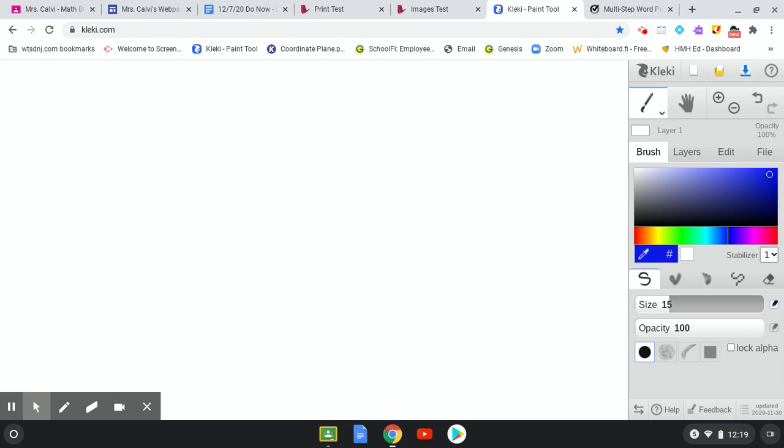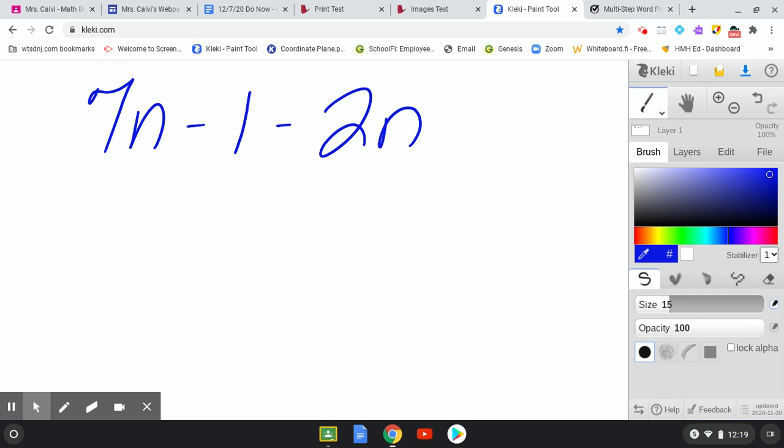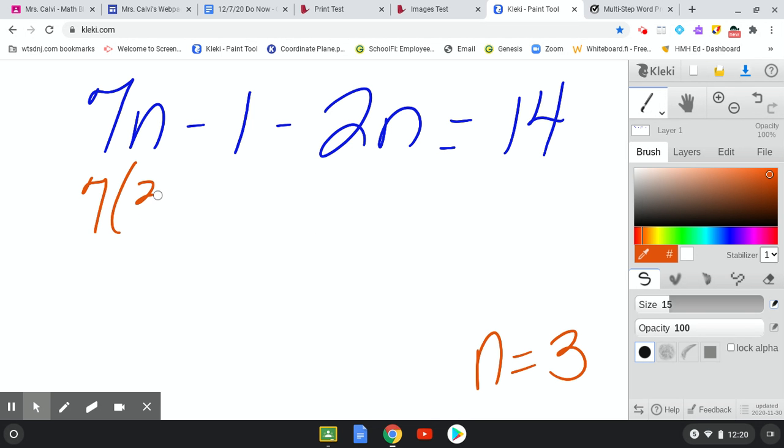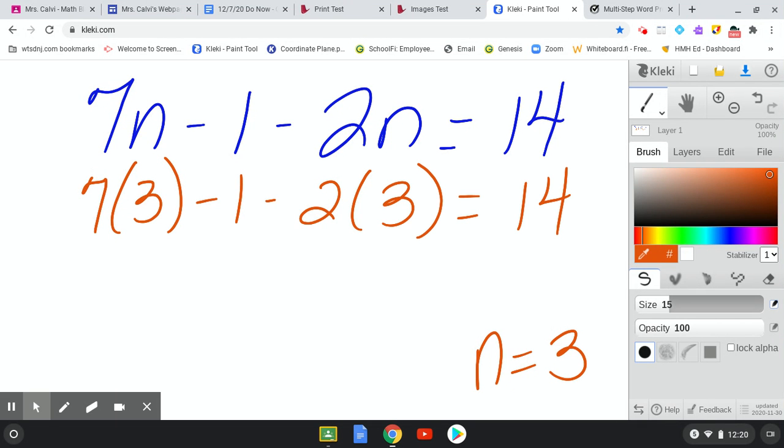The original problem was 7n minus 1 minus 2n is equal to 14, and we ended up coming up with an answer of n equaling 3. So right now we're plugging 3 back into the n values, and we're looking to see if that equals 14.